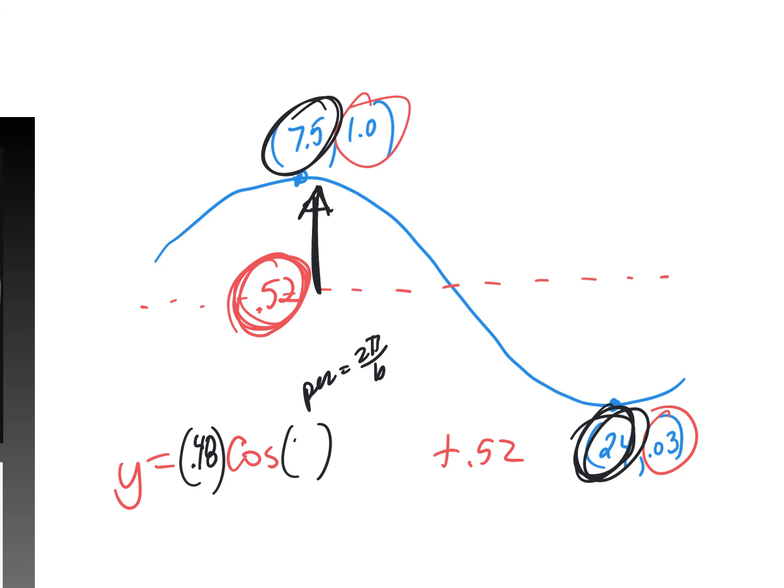That's only half of a period. Has anybody figured that out and then doubled it yet? Did you get 33? Yes. All right, so 33 is the period. So then b is 2 pi over 33.